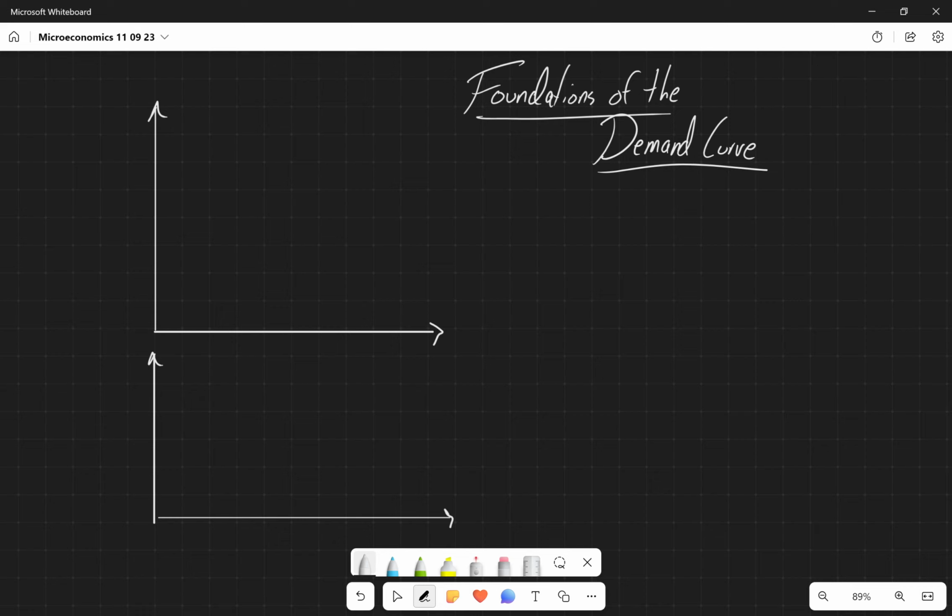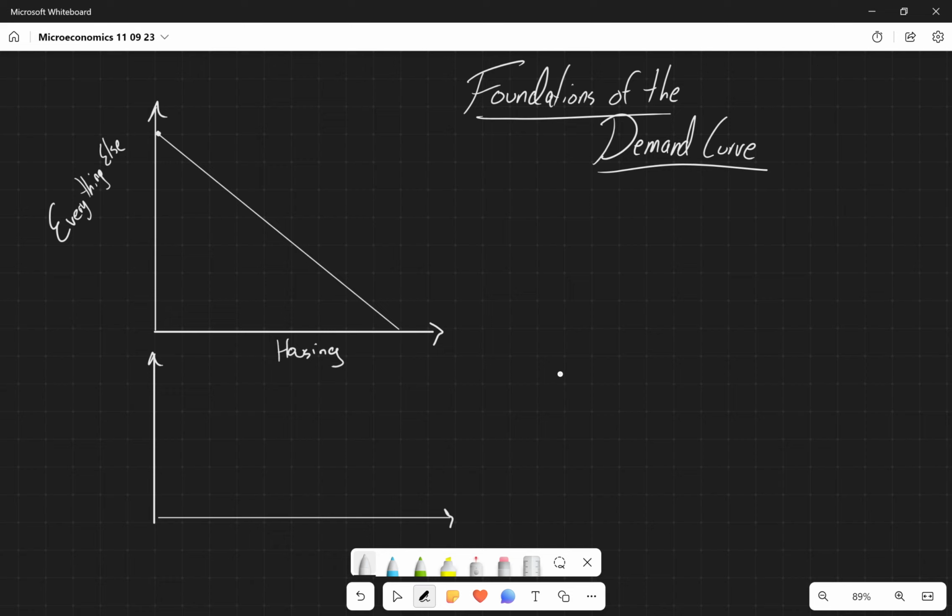So we're going to have a budget constraint, and we're going to have this too good world that's going to cheat a little bit because we're going to have everything else on the y-axis, and we're going to have housing on the x-axis. And so what we find is that we draw an initial budget line that has to do with some original housing price, right?